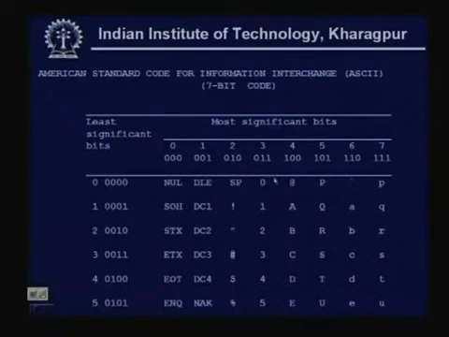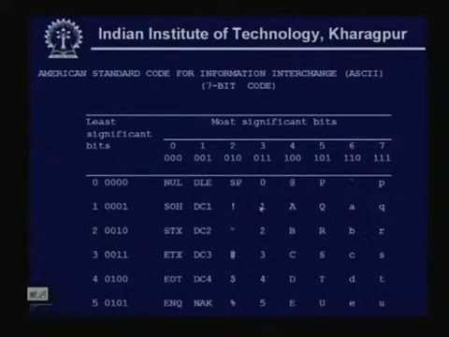That means in the computer, whenever we press a key on the keyboard, say the character A, then 1000001 is sent to the computer. That means the keyboard sends the character code 1000001. So some of these ASCII character examples are given here, and this is an example of digital data.